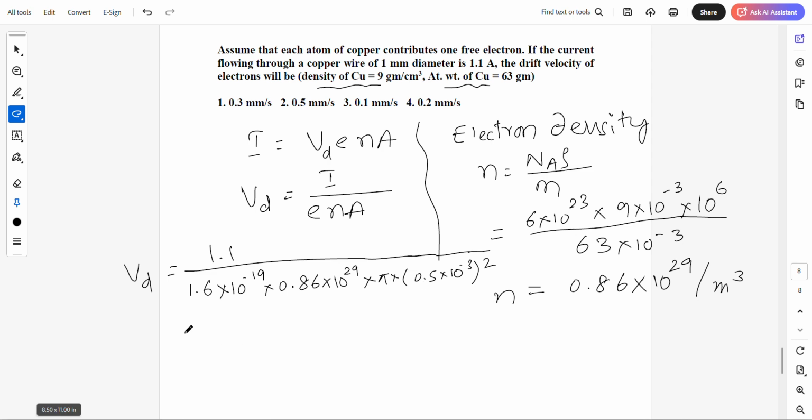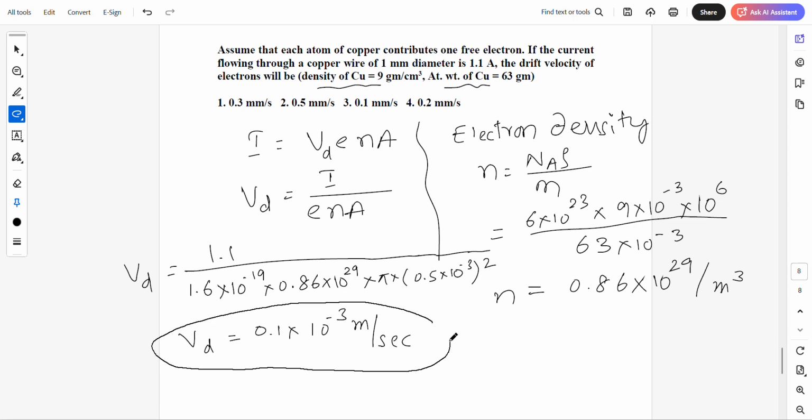Now if you simplify this one, you are going to get approximately 0.1 into 10 to the power of minus 3 meter per second. In these kinds of problems it is a trap. If you remember the answer, it will be good for you. Vd is equal to 0.1 mm per second.